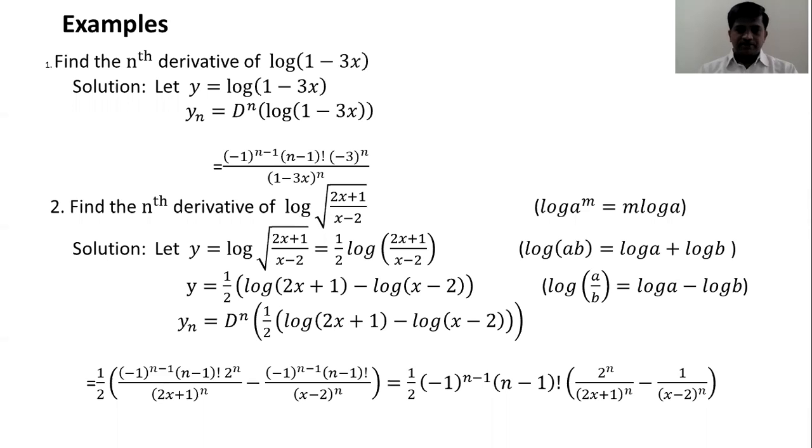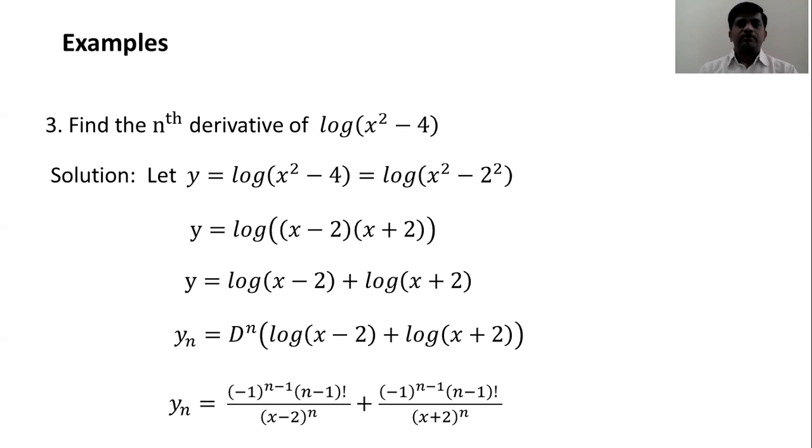And further, we can do simplification. We can take common factor here, minus 1 whole to the power of n minus 1, n minus 1 factorial. Rest of the term, 2 power n divided by 2x plus 1 power n minus 1 divided by x minus 2 power n.